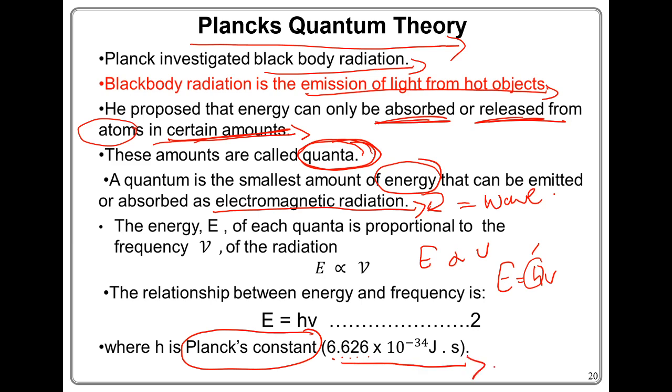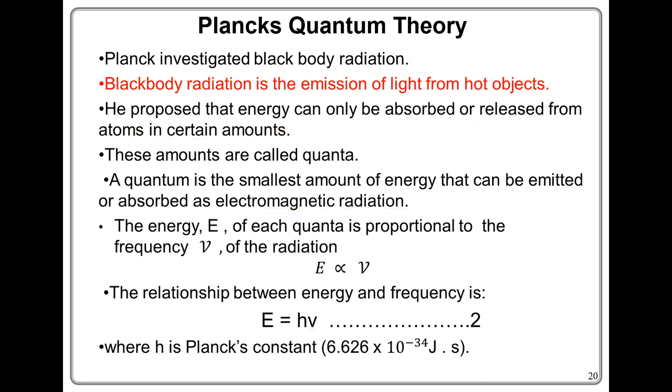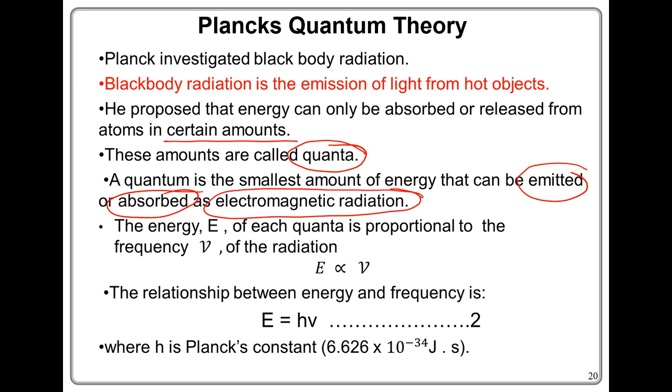One key factor we get from Planck's theory is that energy comes in a certain amount called a quantum, the smallest amount of energy that can be emitted or absorbed, in the form of electromagnetic radiation. Energy is directly proportional to frequency, given by that relationship, meaning when the frequency is high, the energy is also high.